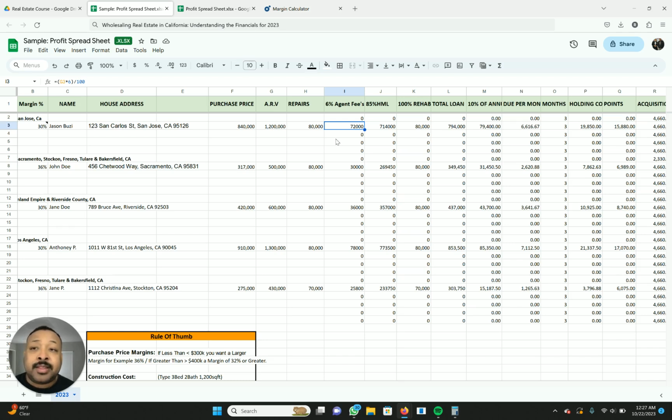Now, depending on how experienced you are, you're going to know your buyers more than the average person. Say, for example, the first person I wholesaled a house to was actually an investor who flips houses, and he was a realtor.